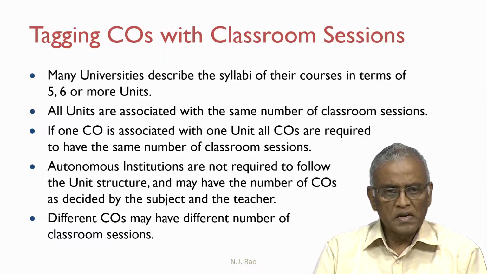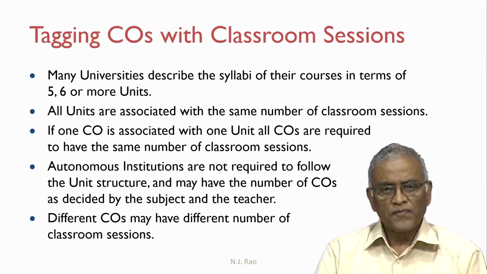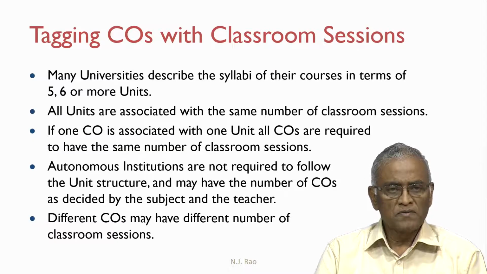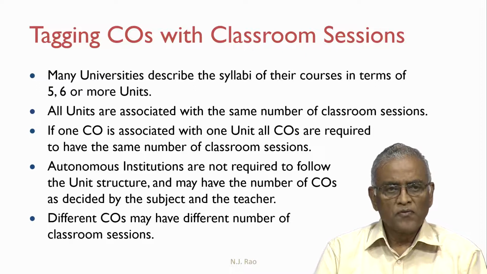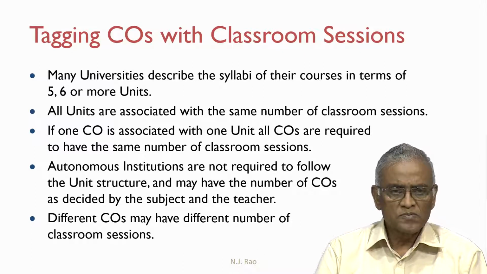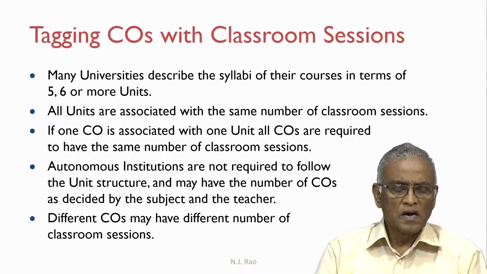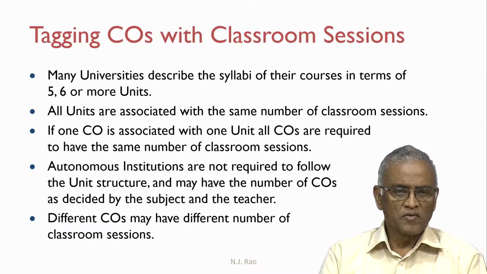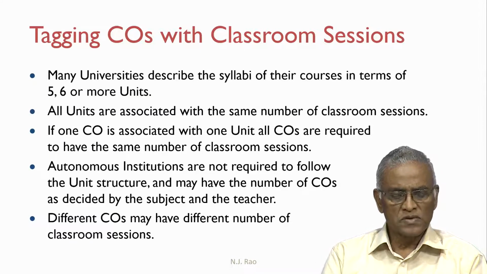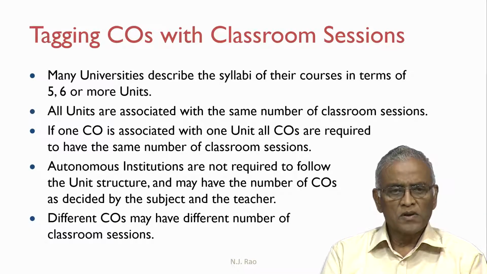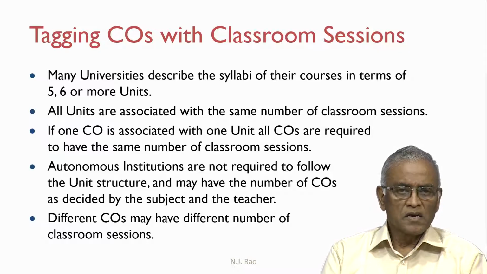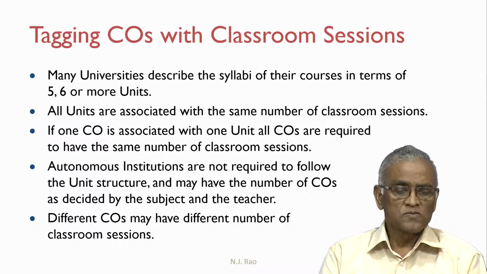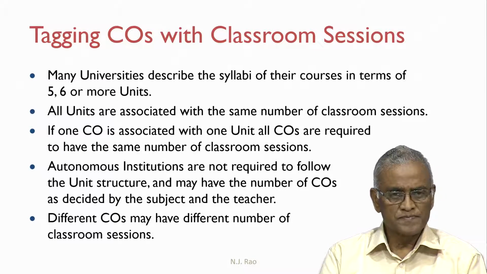Now, coming to the classroom sessions, as we stated earlier, many universities describe the syllabi of the courses in terms of 5, 6 or more units. 5, 6 is more common. Sometimes some universities we have seen they may even go up to 7 units or 8 units. And when you unitize like that, they associate the same number of classroom sessions with all units.